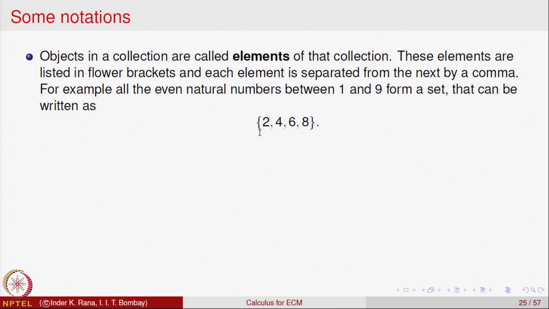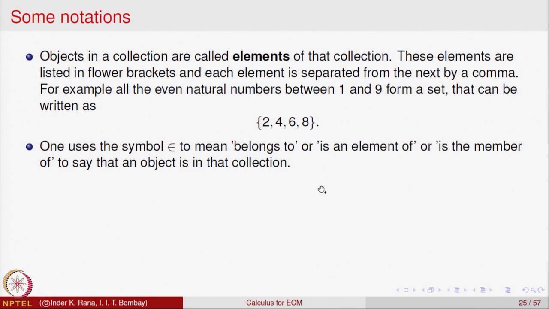This is called the left flower bracket, this is called the right flower bracket. We put these two brackets, the opening and the closing bracket, and the elements inside, 2 separated from 4 by a comma, 4 separated from 6 by a comma, and 8. This is how the set of all even natural numbers between 1 and 9 will be written mathematically.